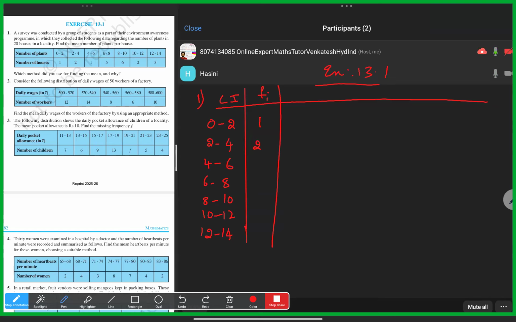Then the values are 1, 1, then next 4, 5, 6, 6, 2, 3. Yes, that is correct.